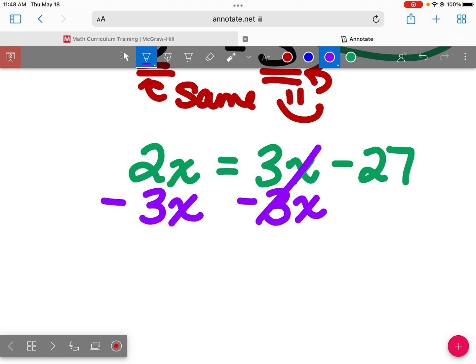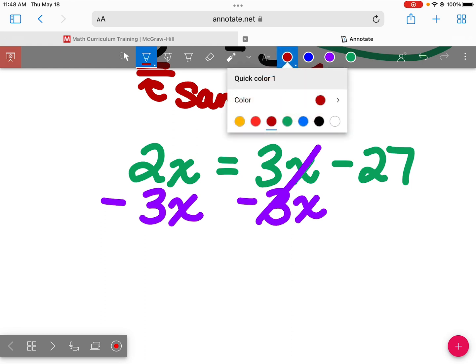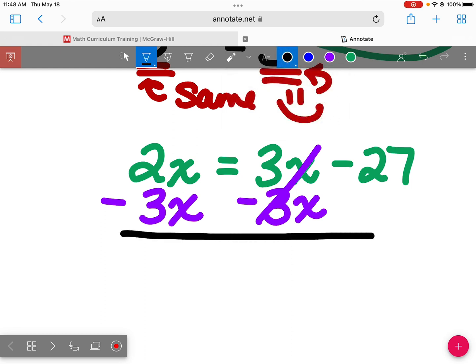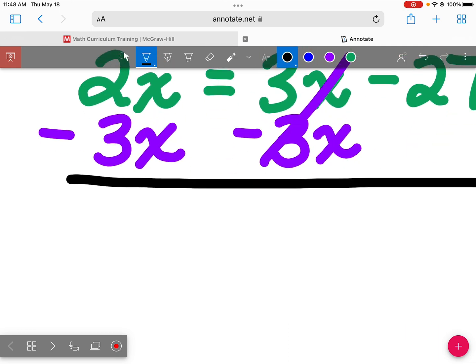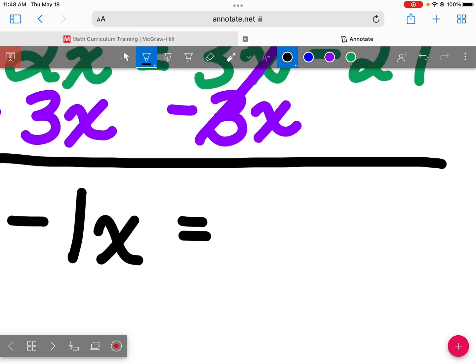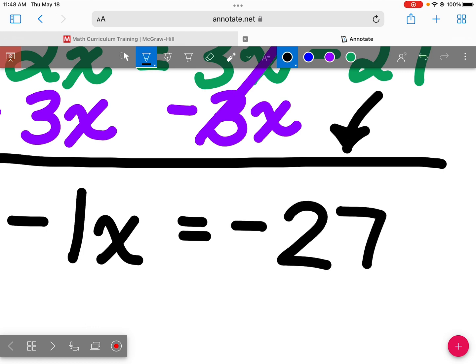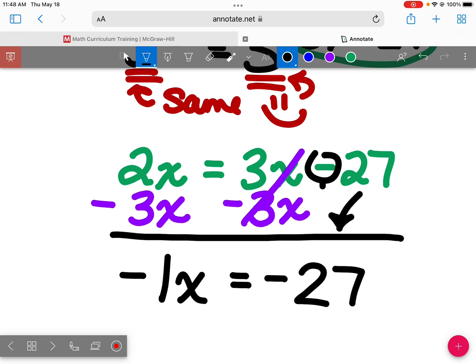We're going to subtract 3x from both sides. What is 2x minus 3x? Negative 1x. Bring down this minus 27. Don't forget to bring that minus down with it.